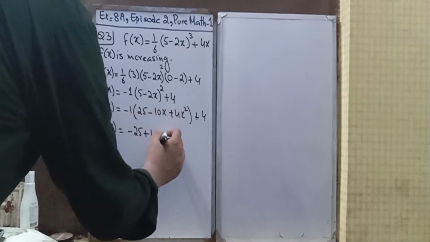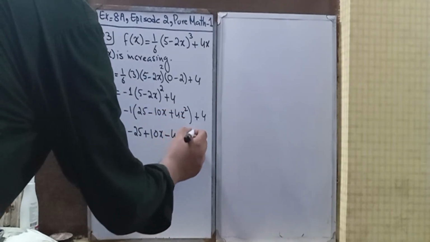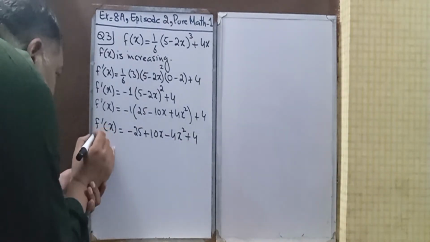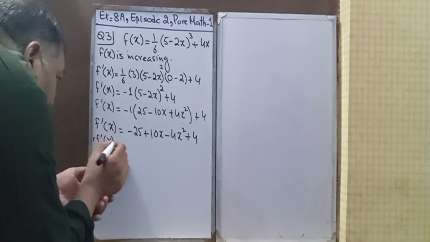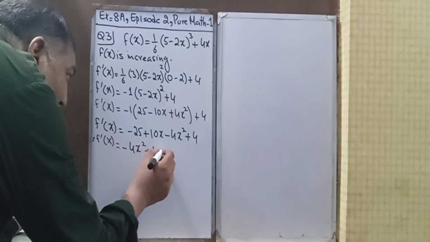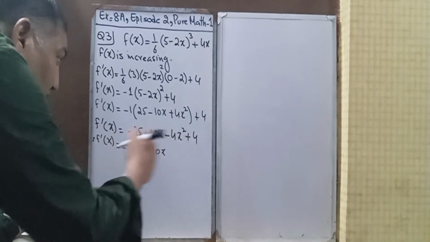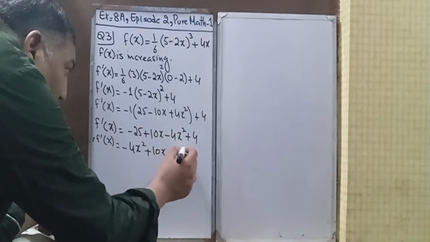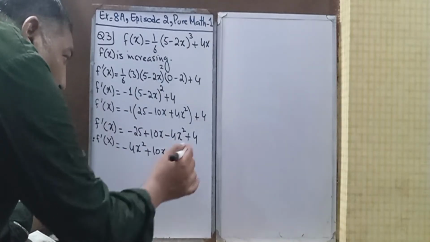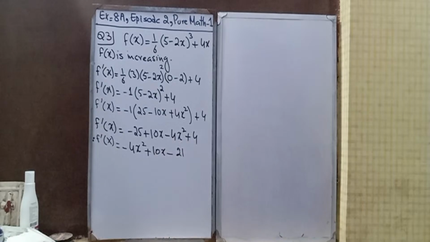So minus 4x square and plus 4. So I can write it like this: the derivative of f of x is minus 4x square, then you have plus 10x, then this becomes minus 29. Or not 29, 21. Because we want f of x to be increasing, he said f of x is increasing.